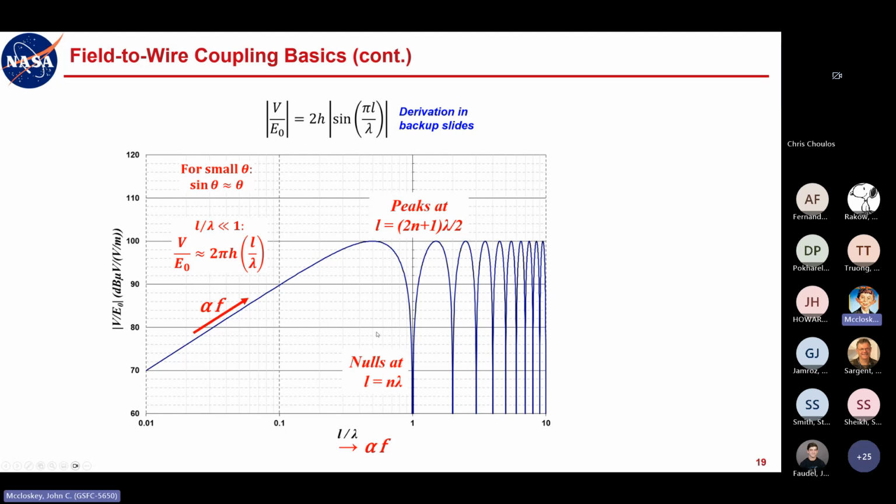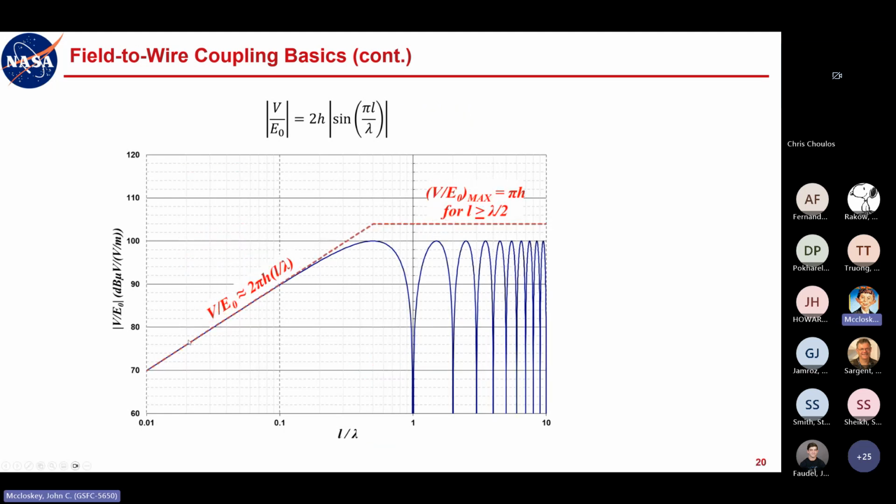And so then we can simplify this to an envelope, which is what we can carry forward. If we take our linear expression here for this low frequency part of the curve, and this is our voltage as a function of incident electric field, V over E naught, so we have 2 pi H times L over lambda.